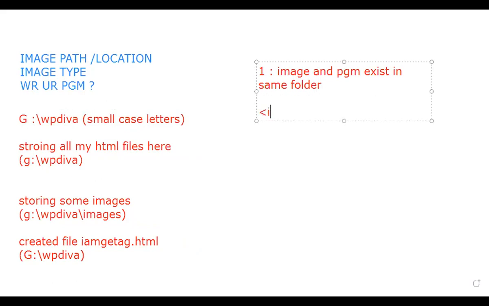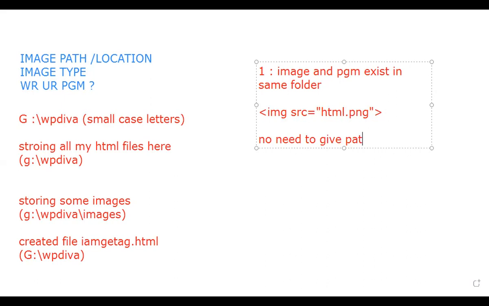If they exist in the same folder, you write IMG SRC equals the name of the image, that is HTML dot PNG. No need to give the path. Make it simple. No need to give the path when your program and your image are in the same folder.